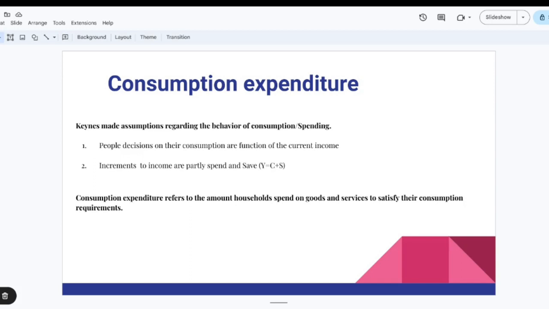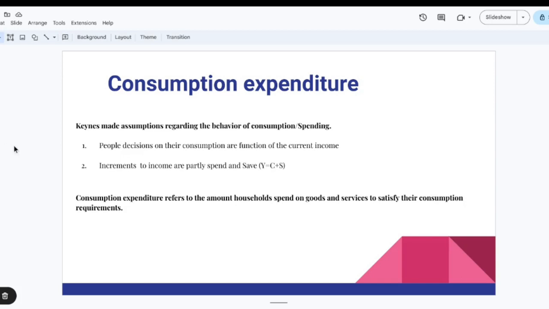So whatever income you get, you're either going to spend a part of it and the remaining is going to be saved, or you're going to save a part and whatever is left, you're going to consume. Therefore, we could say that consumer expenditure refers to the amount that individuals or households spend on goods and services to satisfy their consumption requirements or needs.